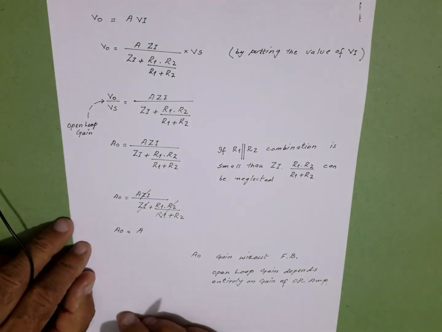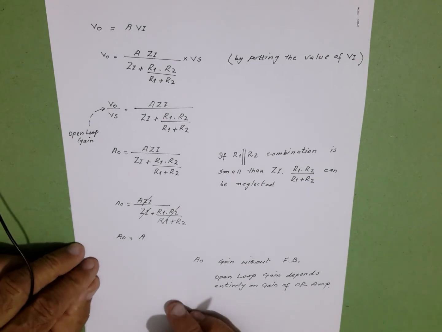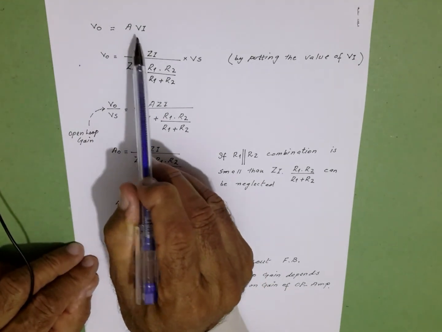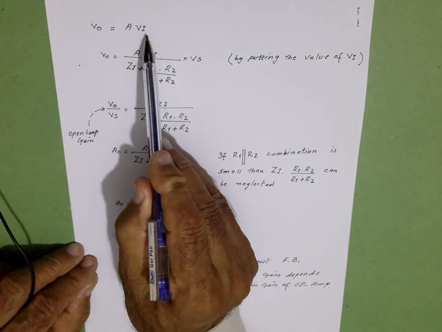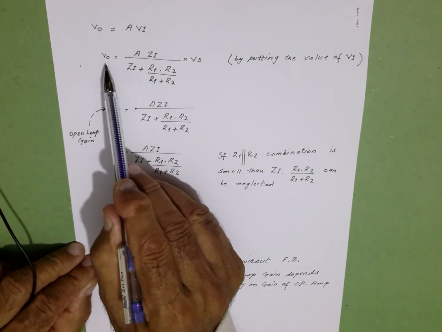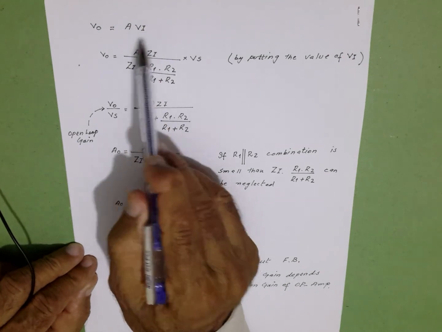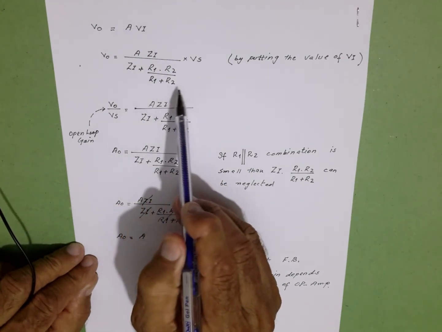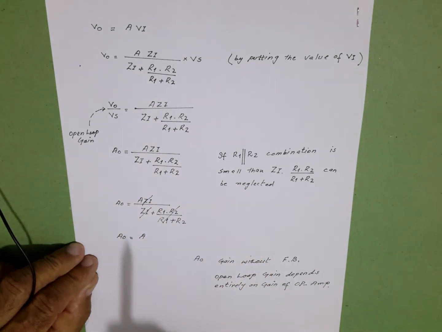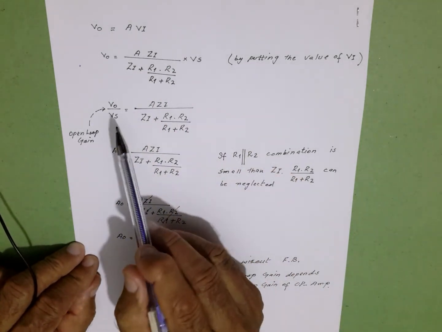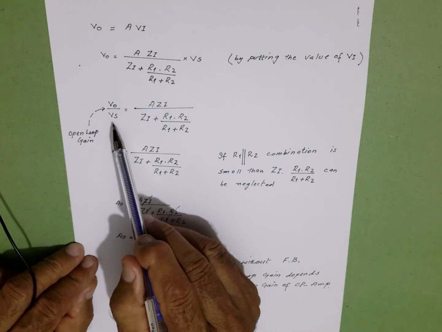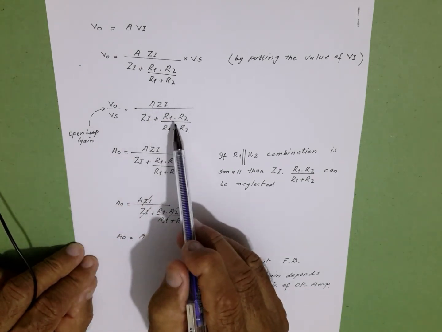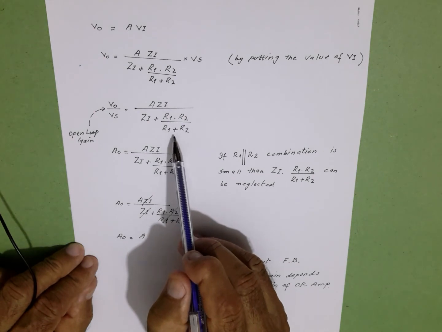We know that the output voltage, or output control generator, is equal to A times V input. By putting in the value of V input, we take Vs out and it becomes V naught over Vs, which is the open loop gain, equal to A Zi over Zi plus R1 into R2 divided by R1 plus R2.